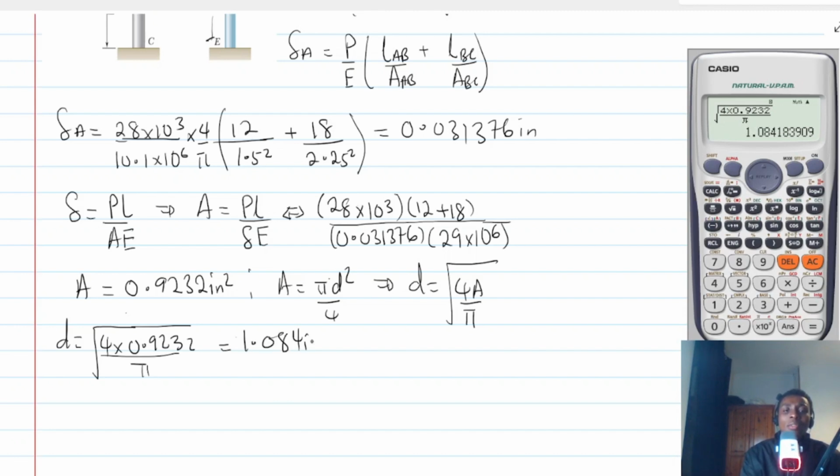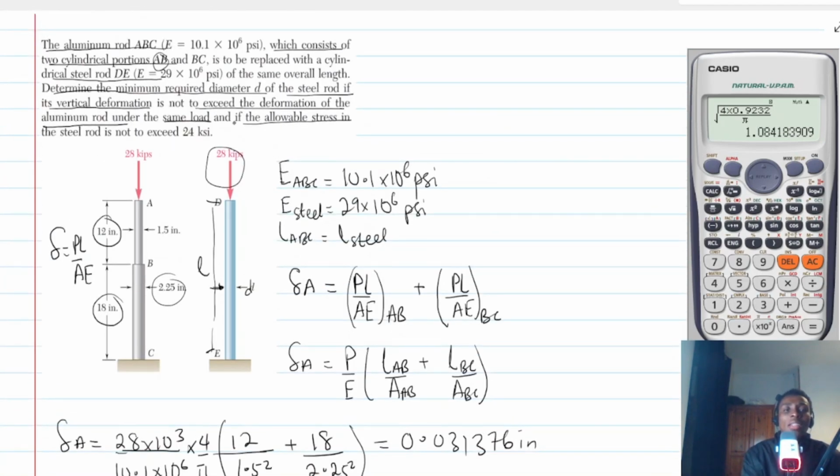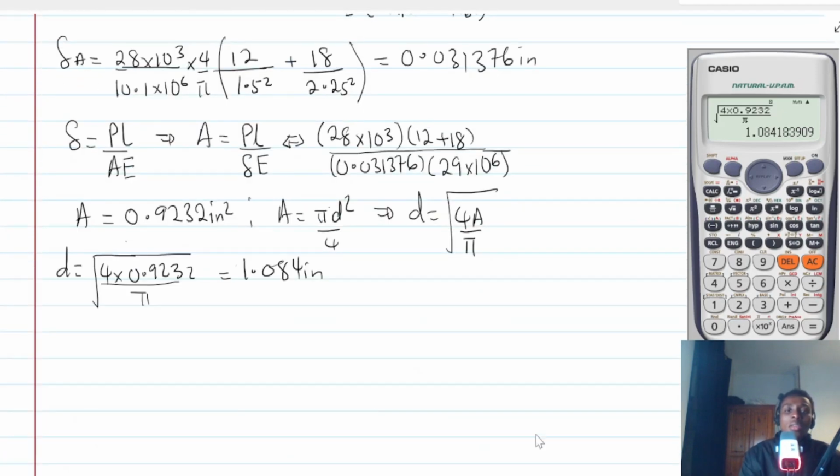But this diameter we have gotten is not the required diameter. Why? Look at the question again. He said that the allowable stress in the steel rod is not to exceed 24 ksi, meaning that we cannot use that area and that diameter, but we need to use that allowable stress here.